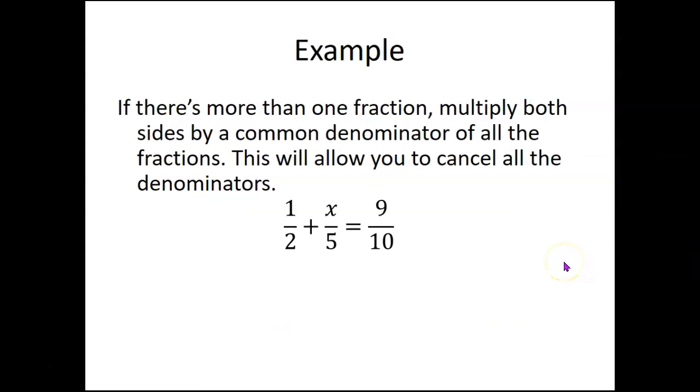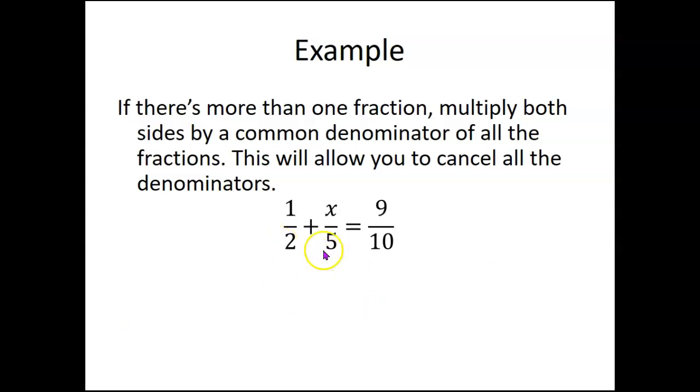So if there's more than one fraction in your equation, what you can do is look at all the denominators of any fractions in the equation, figure out what the lowest common denominator of all those fractions would be, or it doesn't necessarily have to be the lowest common denominator as long as it's a common denominator, but lower is better.